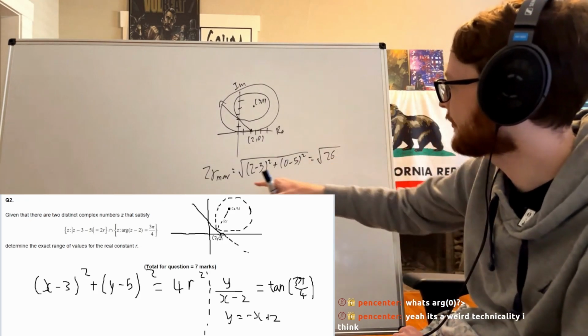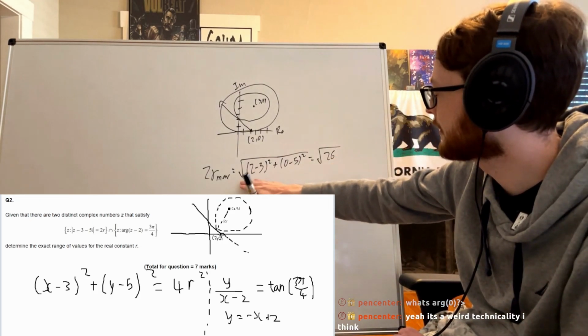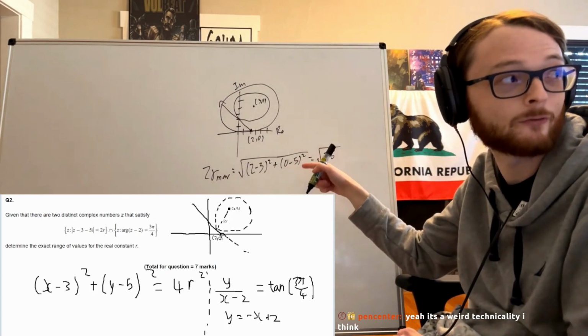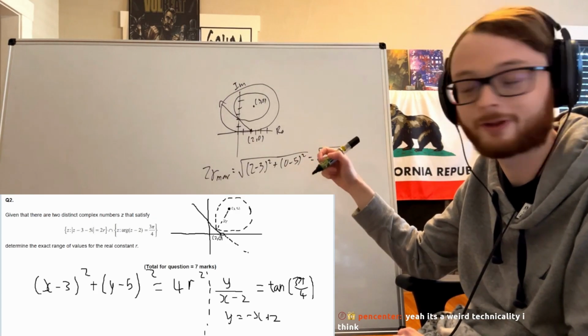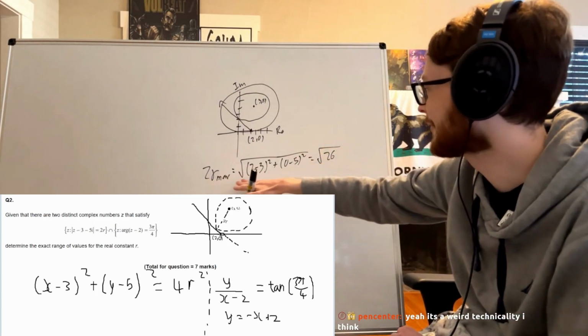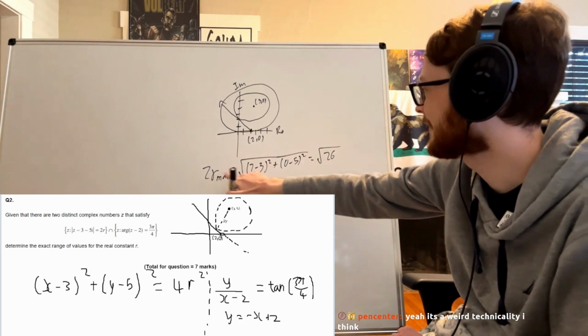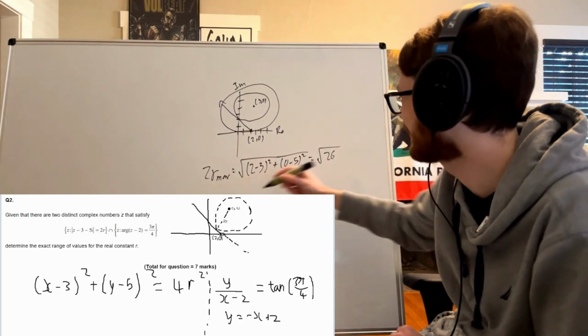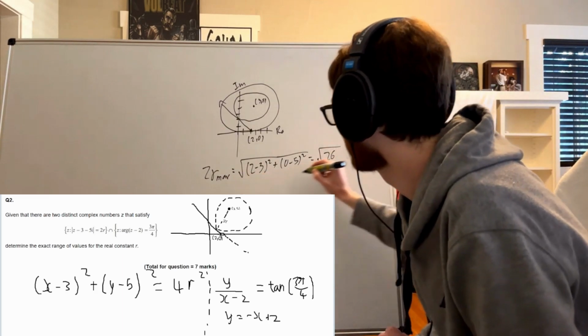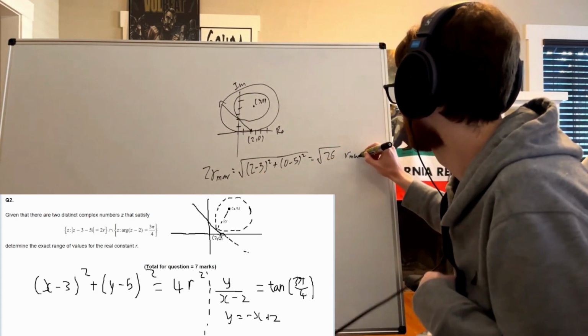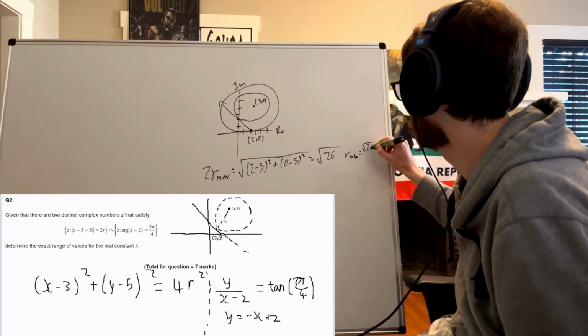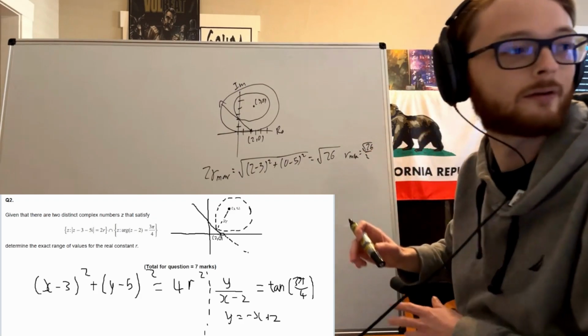And actually, we don't need to square root it again because we already did the square root here. I always forget the distance formula is just the equation for a circle. But so we did the square root here instead of having the squared there, so we're actually fine. We can just say our max is root 26 over 2. And that's fine.